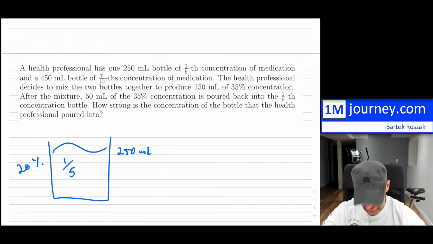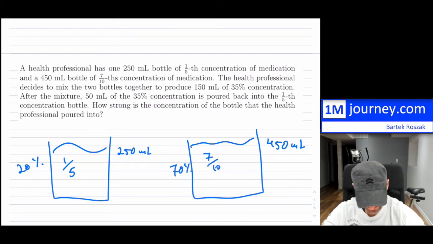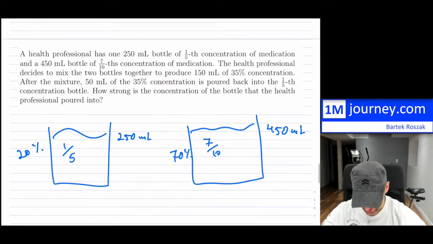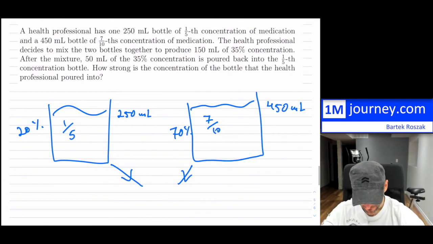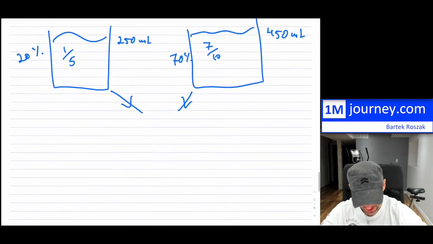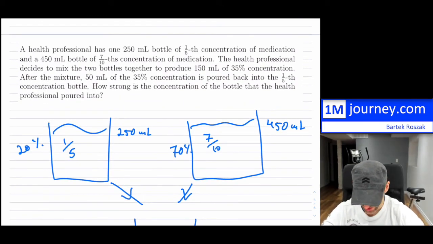The other bottle has more, 450 milliliters, and this one is 7/10, so that's like 70%. The health professional decides to mix the 2 bottles, so we're going to be mixing these 2 together to produce 150 milliliters of 35% concentration.